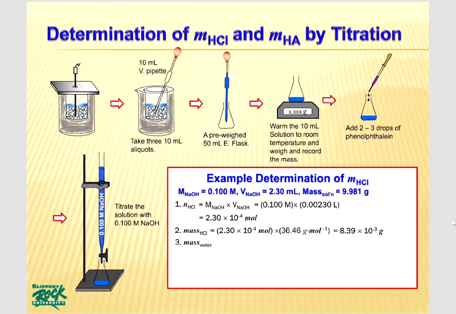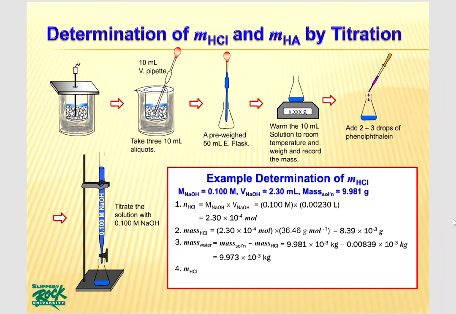The mass of solvent water is the mass of solution minus the mass of solute, or HCl, which is 9.981 times 10 to the negative 3rd kilograms, minus 0.00839 times 10 to the negative 3rd kilograms, and it is 9.973 times 10 to the negative 3rd kilograms.